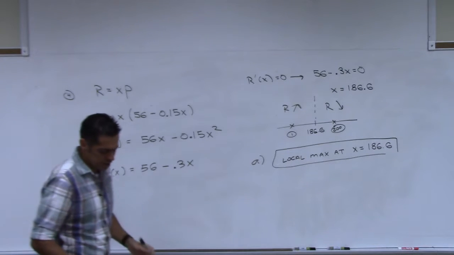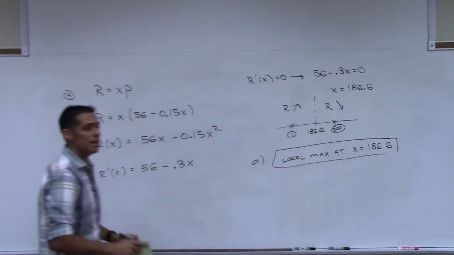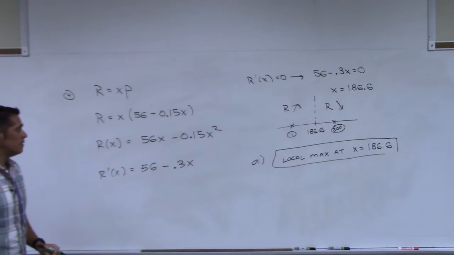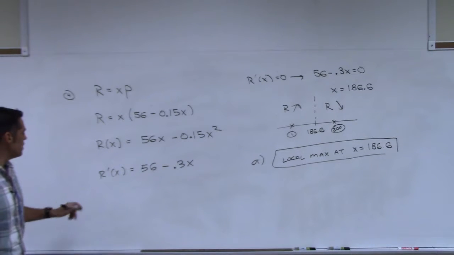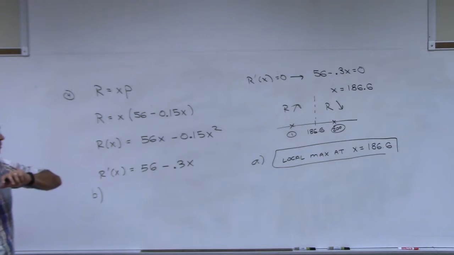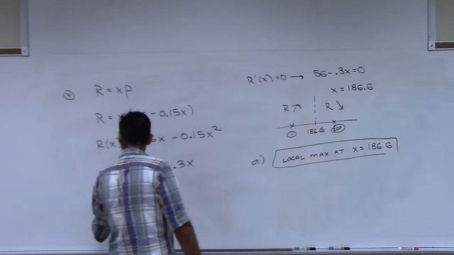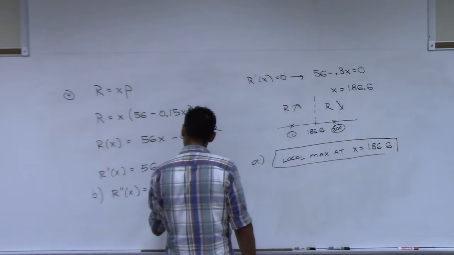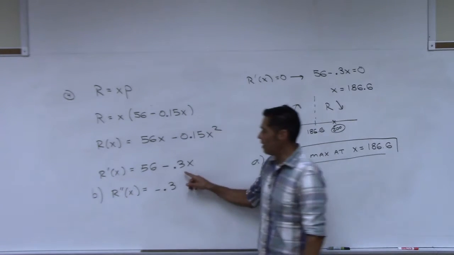On which intervals is the revenue function concave up and concave down? So how do we do that? Take the second derivative. All right, so to work out part B, I need the second derivative. What is the second derivative of this function? Negative 0.3. And that's it, right?